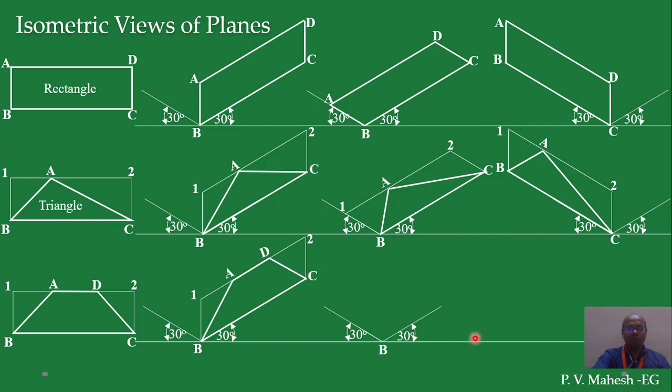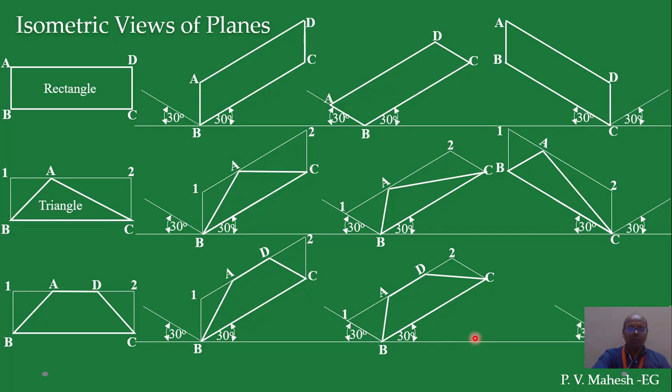Now 1B is on a 30-degree line, and 1, 2 and BC are parallel to another 30-degree line, and the box is completed. Identify the distance of A, identify the distance of D, and join, and you will get the isometric view of the trapezium for the top view.